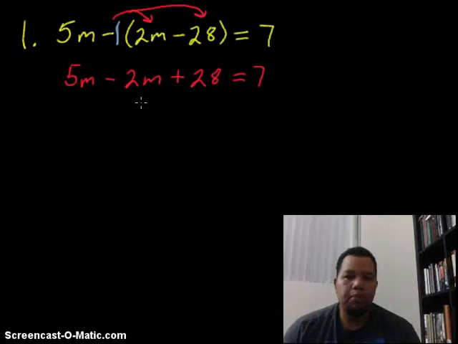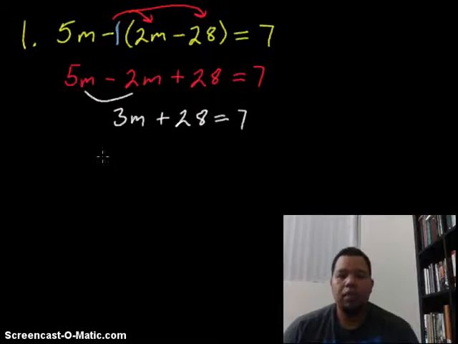So now my equation is, I still can simplify this left side because I have like terms. 5m plus minus a 2m, I can combine these together, and that gives me a 3m. And so I have 3m plus 28 equals 7. So now this left side, there's no more things I can do to simplify it. So now I'm going to go ahead and start using my properties of equality to start isolating for this variable.